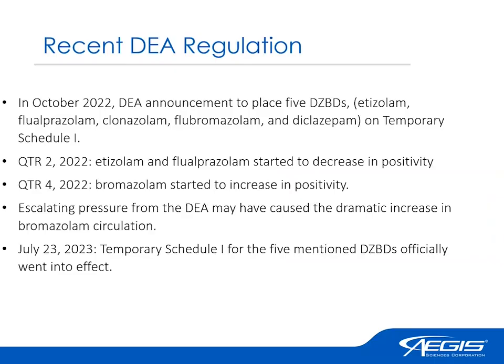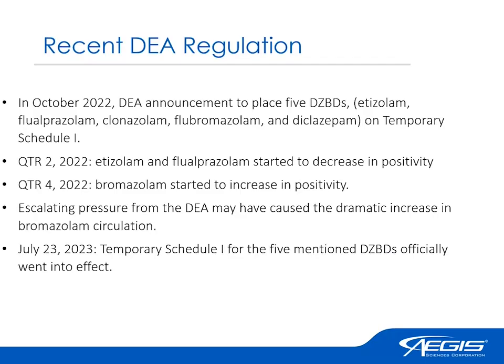In October of 2022, the DEA announced they would place 5 designer benzodiazepines, including etizolam, flualprazolam, clonazolam, flubromazolam, and diclazepam on temporary Schedule 1, all meeting the specific criteria outlined for Schedule 1 and ultimately posing significant risk to public health.